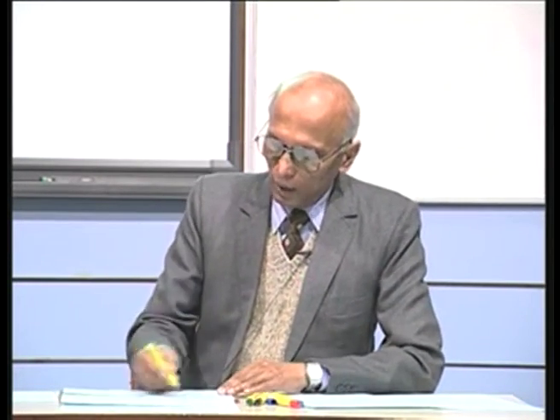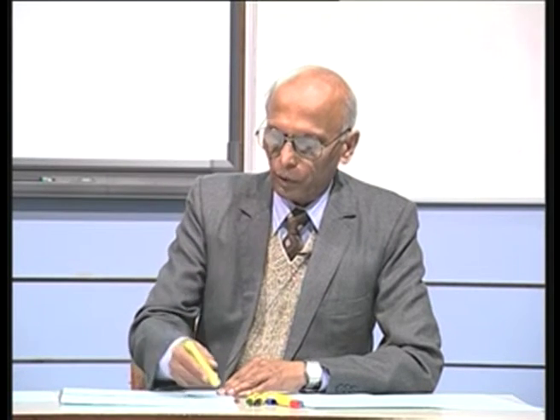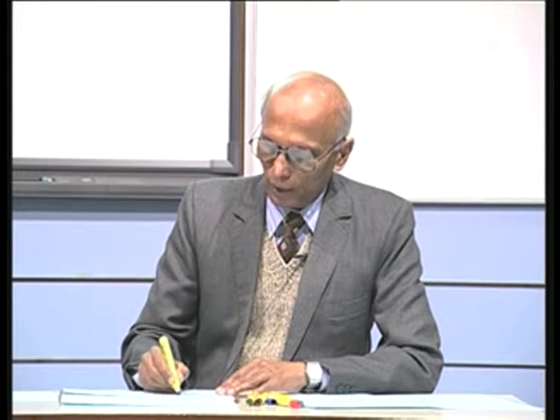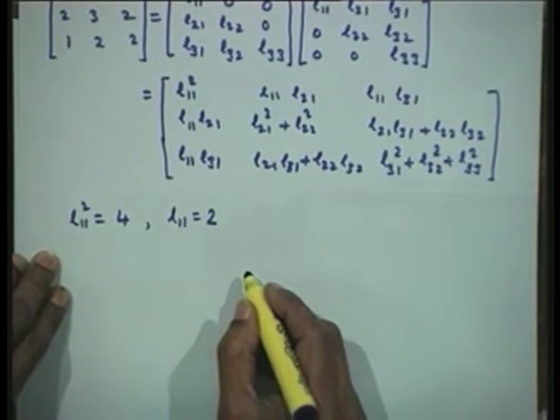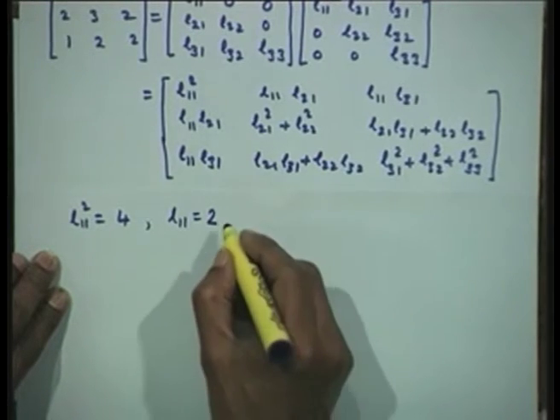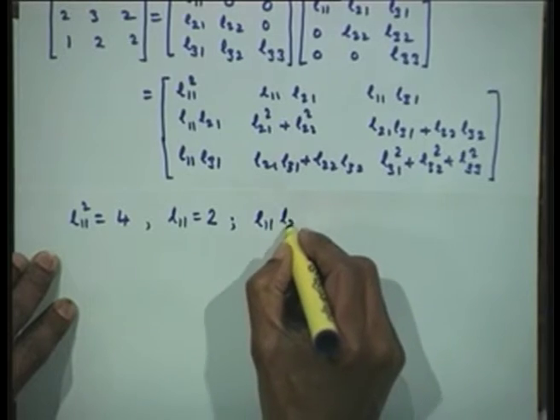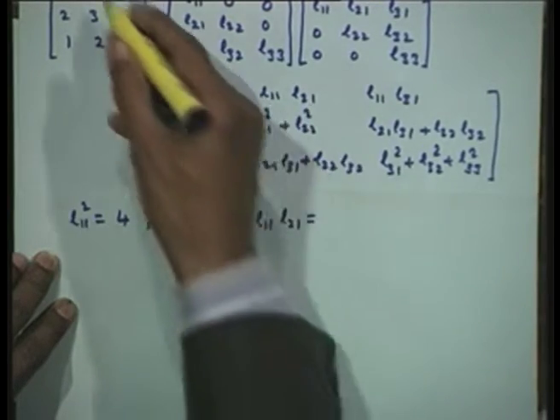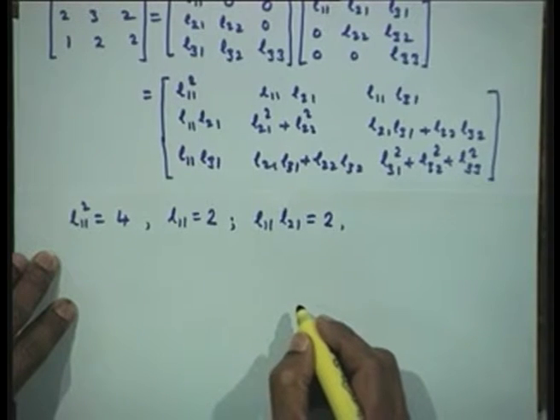So we will have L 1 1 square is equal to 4, therefore we have L 1 1 is equal to 2. Then the next element L 1 1 L 2 1 is equal to 2, given. So why are we taking only positive, why not minus 2?